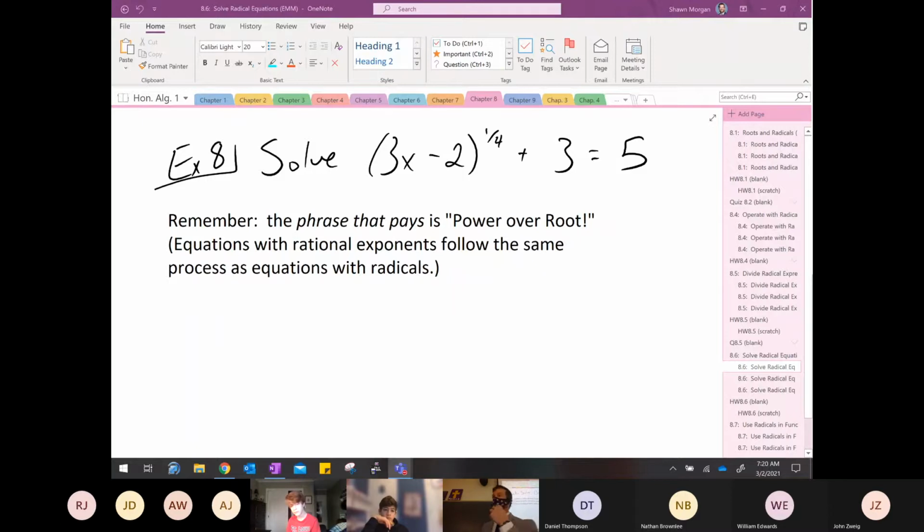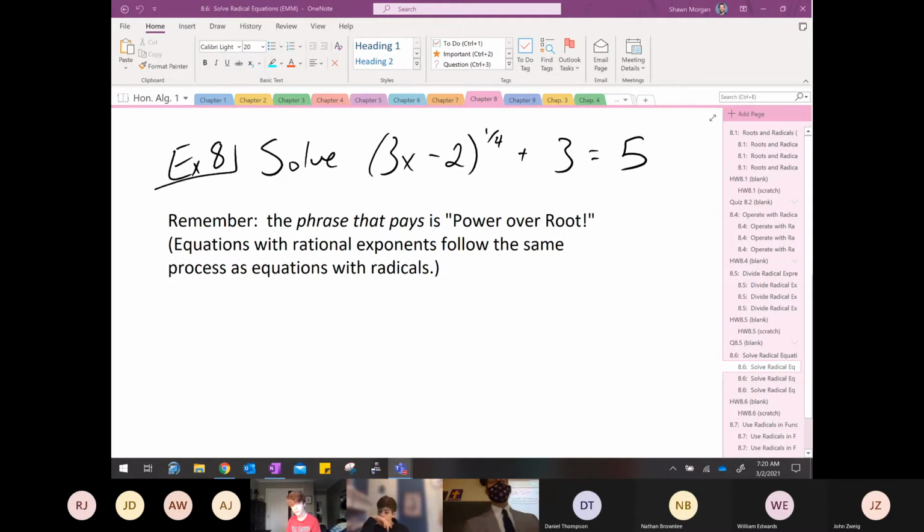So when I say we've got a rational exponent, all that means is a fraction, your exponent being a fraction. I want you to write down that when I see a fraction as my exponent, that's the same thing as a radical. And the key to that is the phrase that pays, power over root.